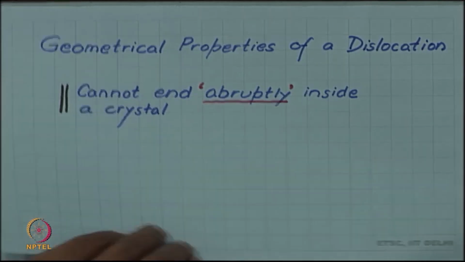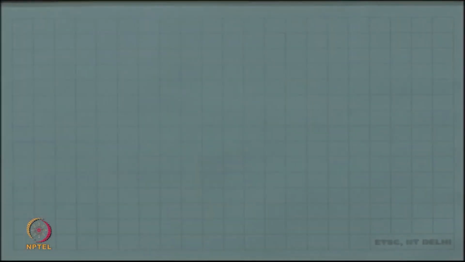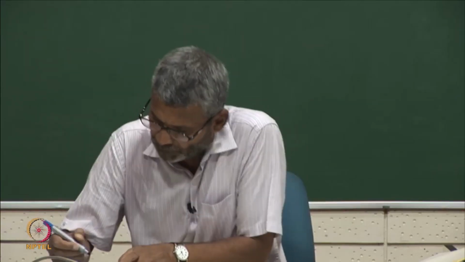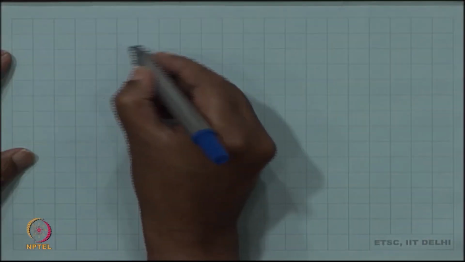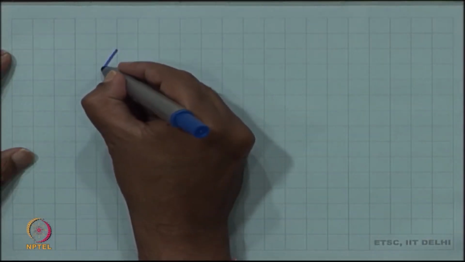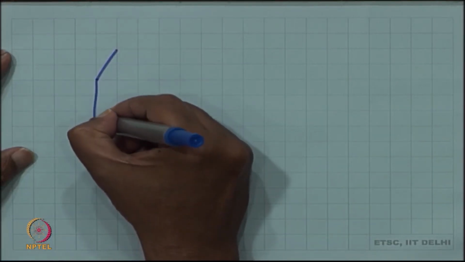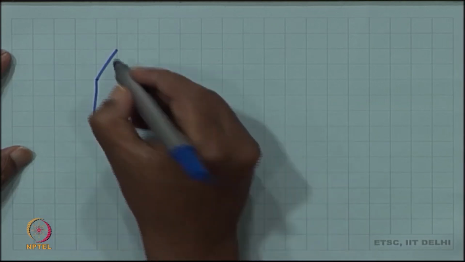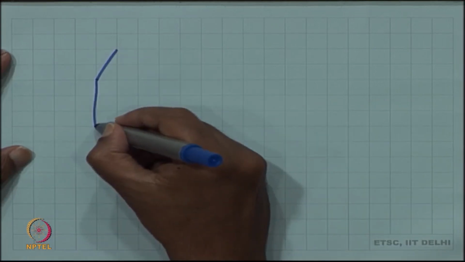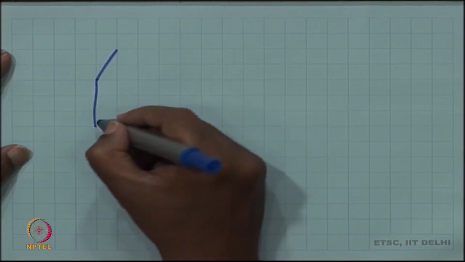So, let us try to look at an edge dislocation, and let us create an edge dislocation. If you recall, edge dislocation we have described as an edge of an extra half plane. So, let us start with the extra half plane.